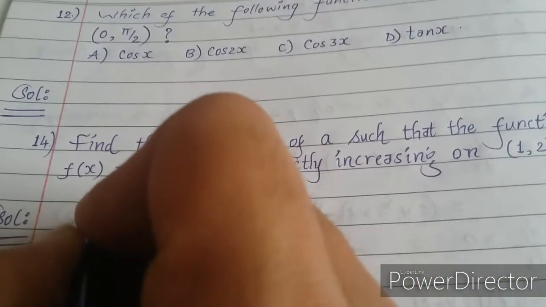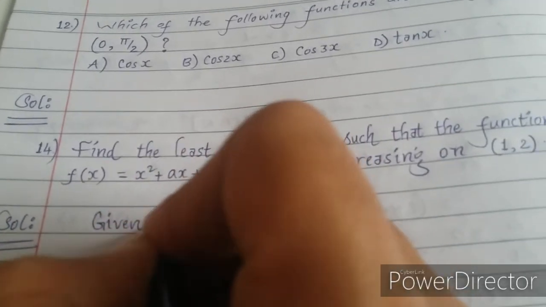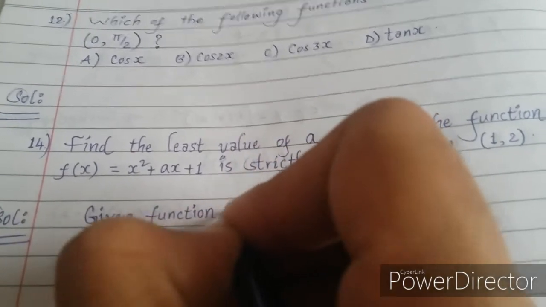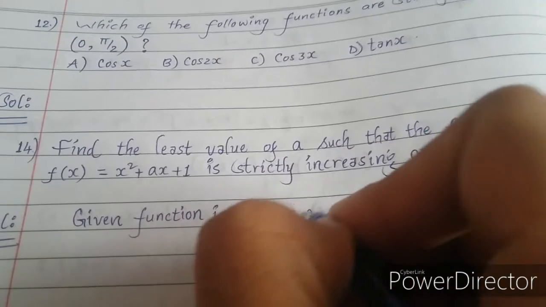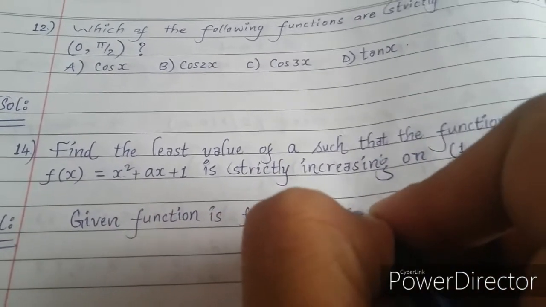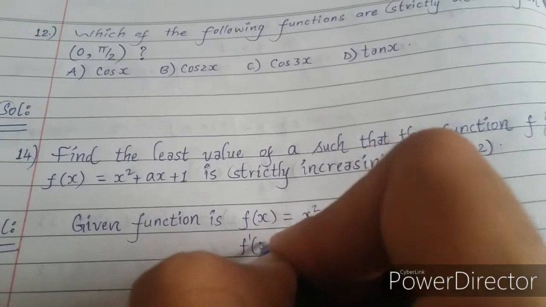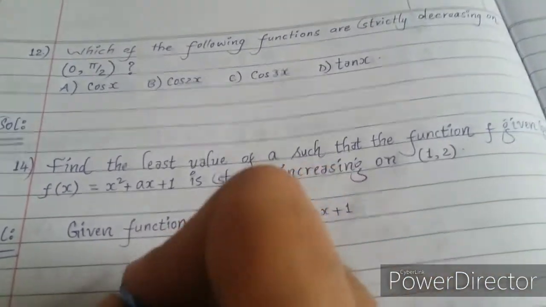First of all, the given function is f of x is equal to x square plus ax plus 1, and f dash x is equal to 2x plus a.